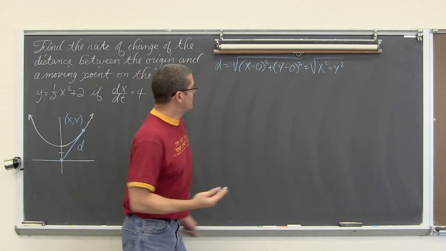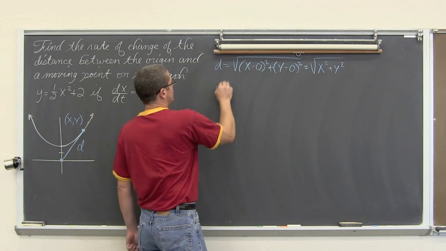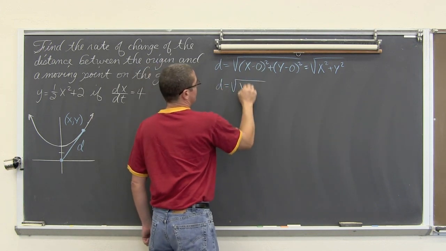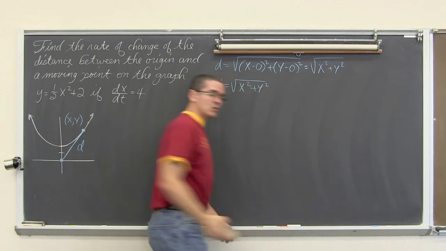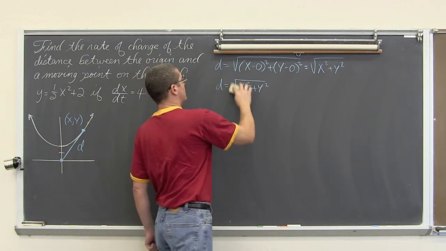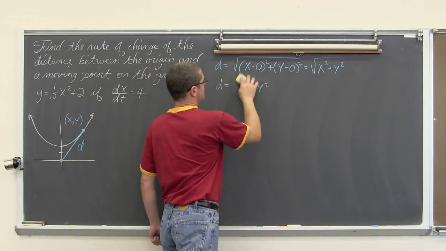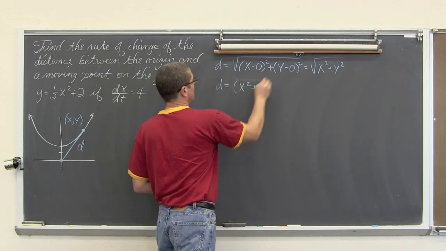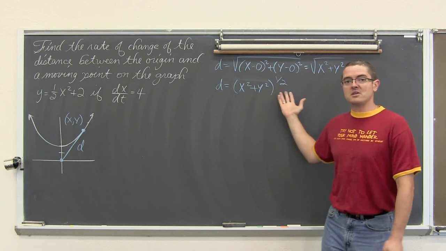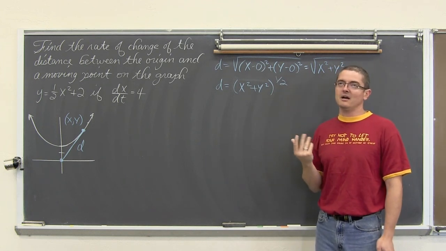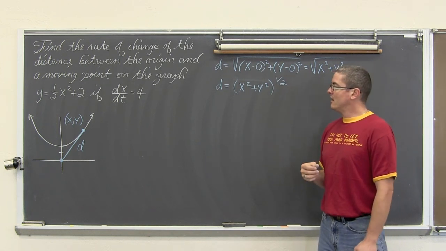Okay, I can write this as d equals the square root of x squared plus y squared, and I don't like finding derivatives with a square root symbol, so I could take this and write it as a set of parentheses and have it to the 1/2 power, and I can find the derivative of this equation implicitly, but there's a couple of problems there.